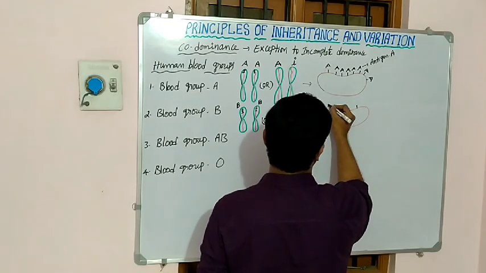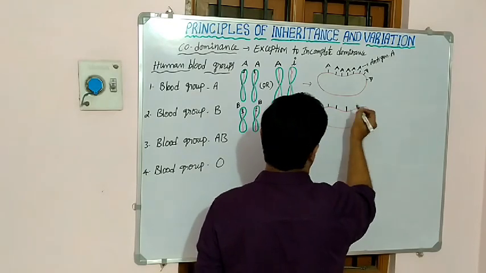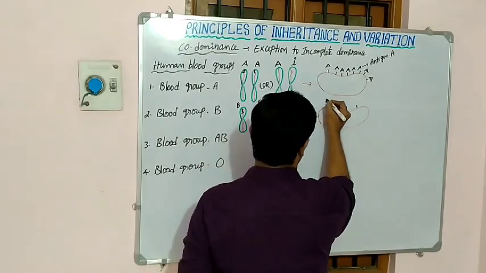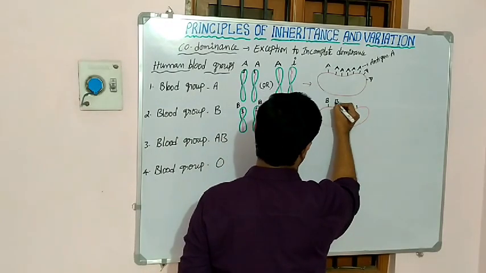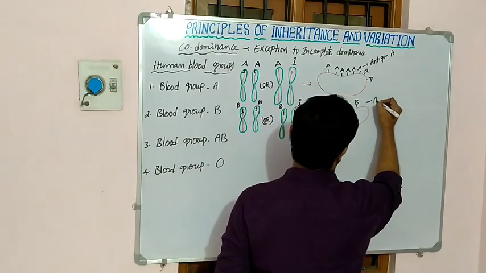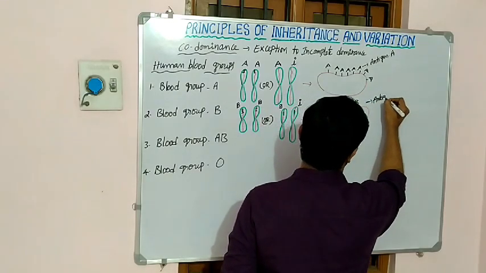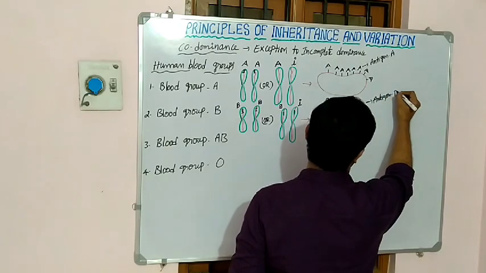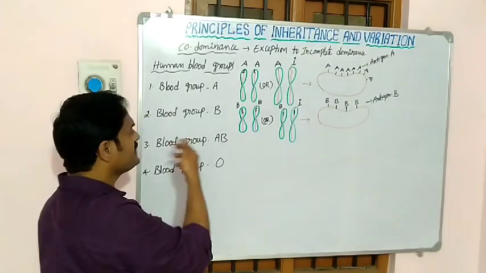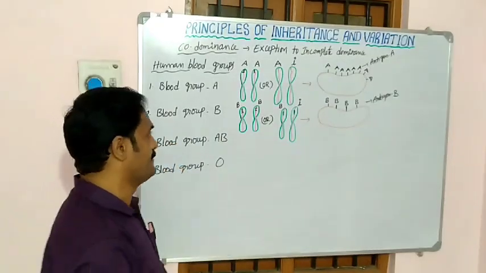These proteins consist of some antigens. What kind of antigens? All are B. Here also B, here also B, here also B. So this is antigen B. Okay, coming to the blood group AB.